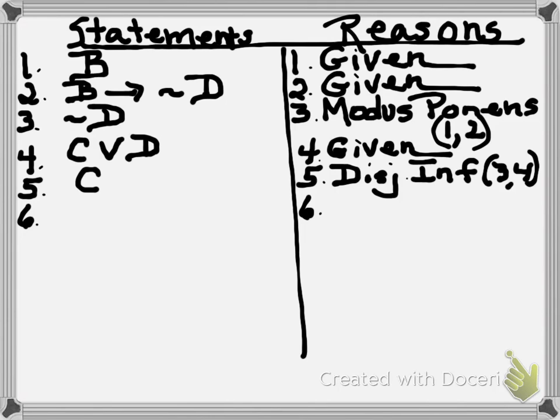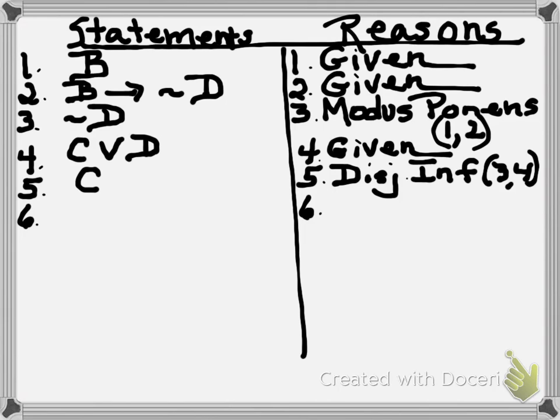Now I want to bring in something that has C in it. So I have G implies not C, together with C from line 5. This is a conditional. The negation of the conclusion means the negation of the hypothesis is true.